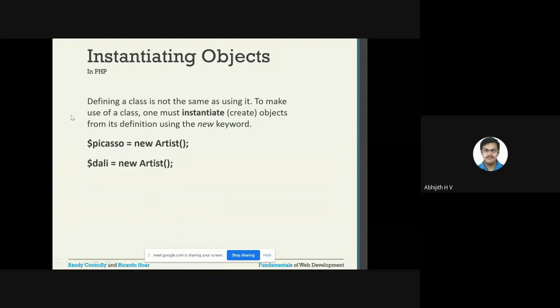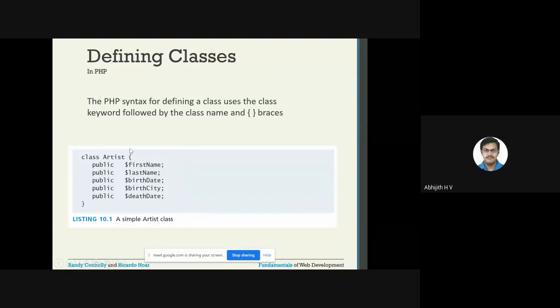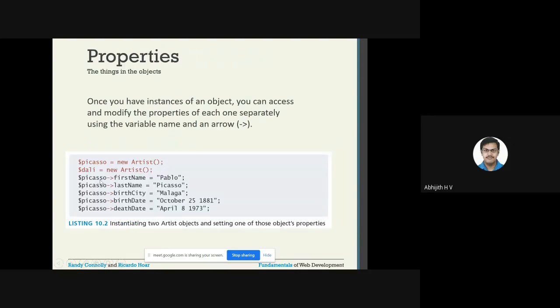So once the object is created, how to access these properties? Similar to other languages, you have to access the properties or the methods using the object name. So $Picasso. In a few languages we have dot, object name dot property, object name dot function name.